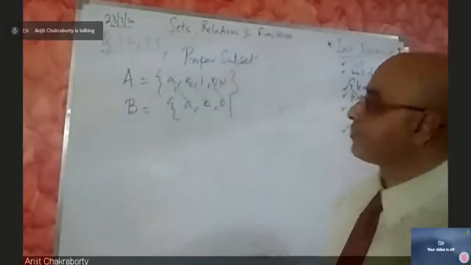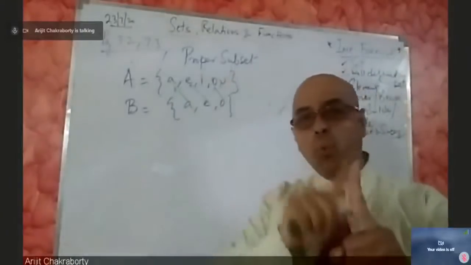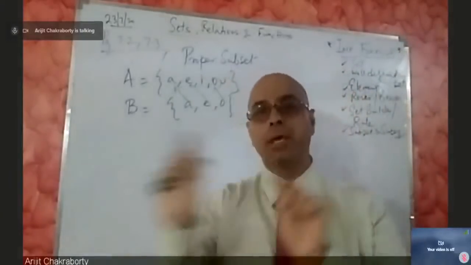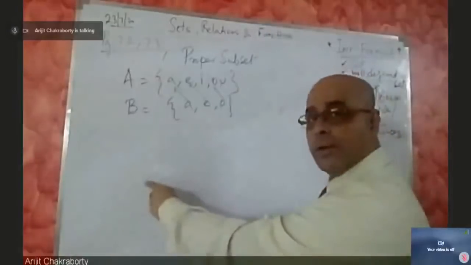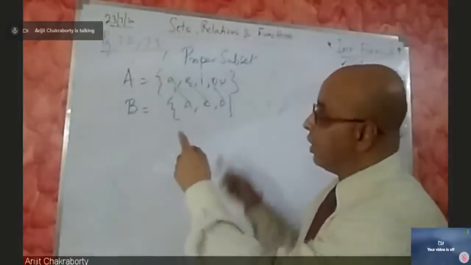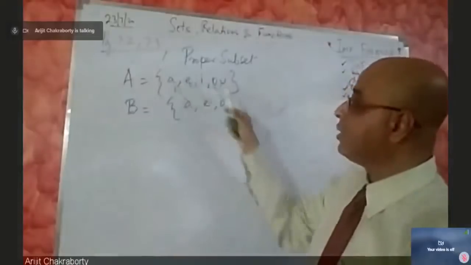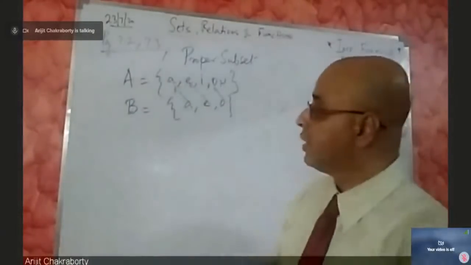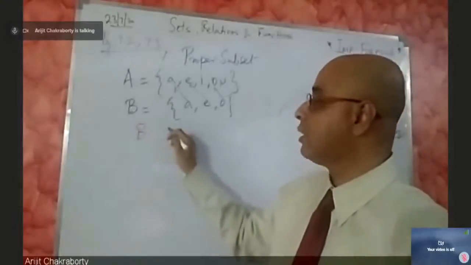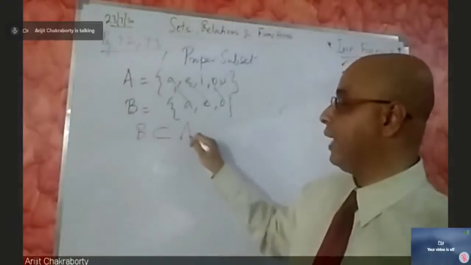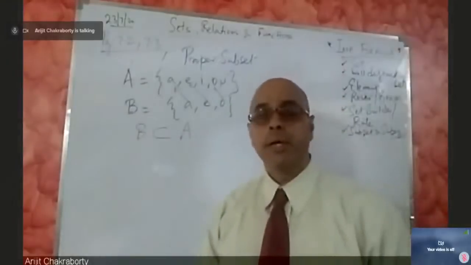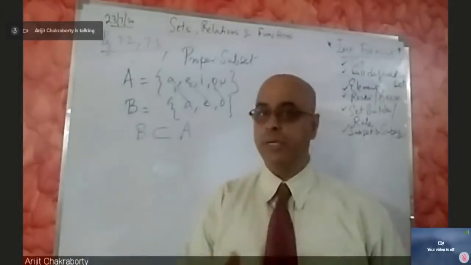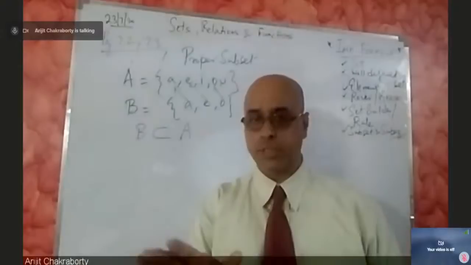O is there. So if you do one-to-one mapping, you can see A, E, O. That means definitely we can write B is a subset of A and A is a superset of B. I'm sure you can see the relationship.